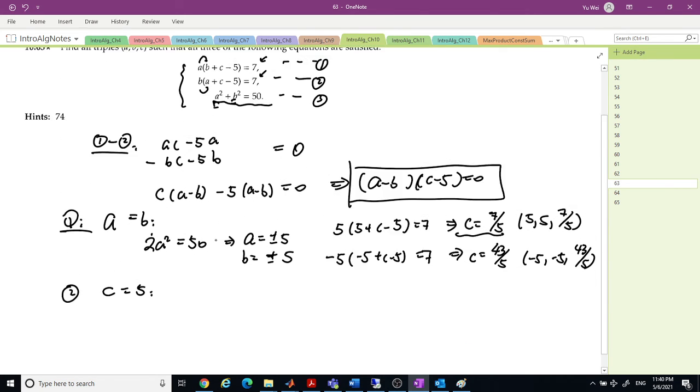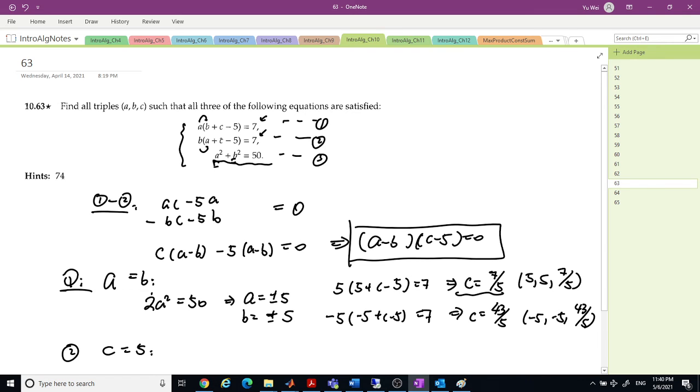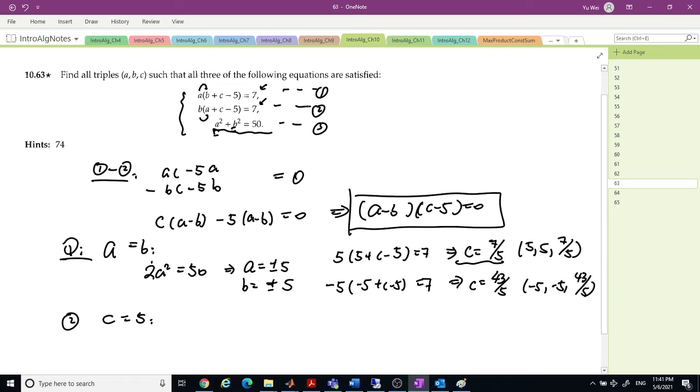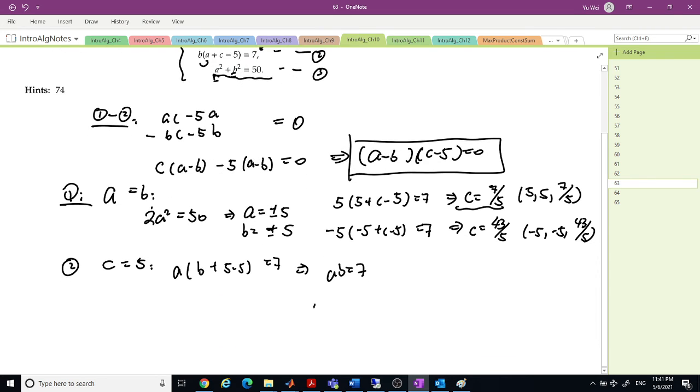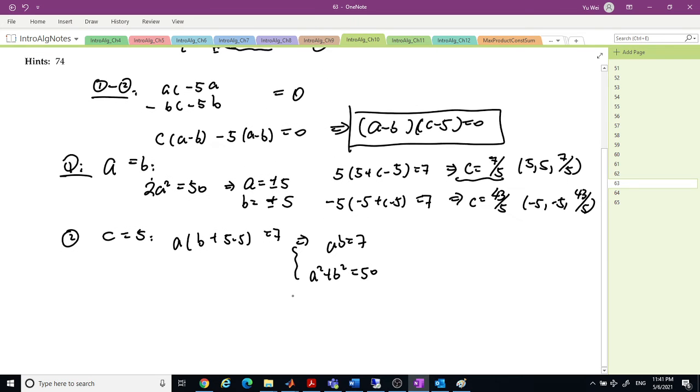Then if C equals 5, let's put C equals 5 into equation 1. So it's AB plus 5 minus 5 equals 7, so we have AB equals 7. And we have A squared plus B squared equals 50. This can remind you of something.